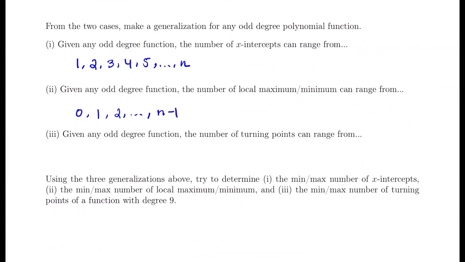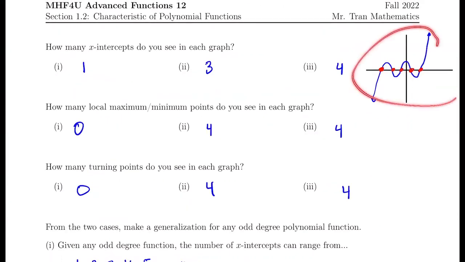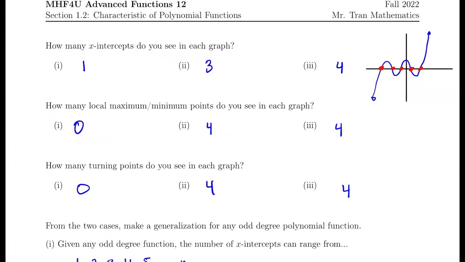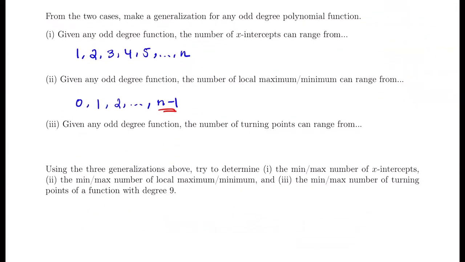So this number over here is important. N minus 1. Notice that in the graph that I drew on the side over here, even though we have 5 x-intercepts, there are 4 locals here, right? So that means there's going to be up to n minus 1 local minimums and maximums.